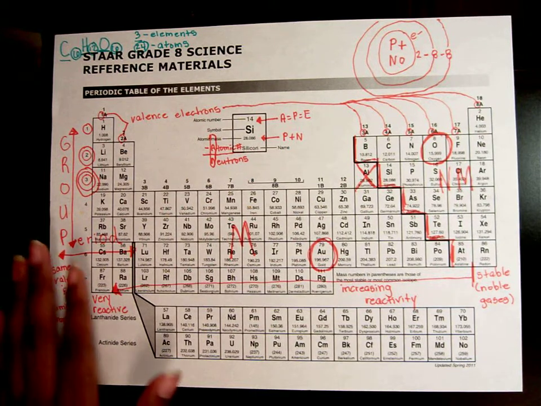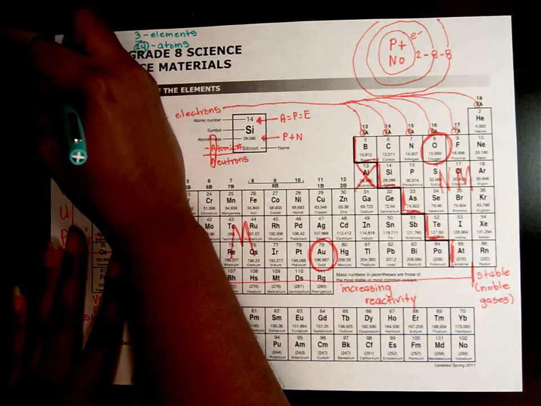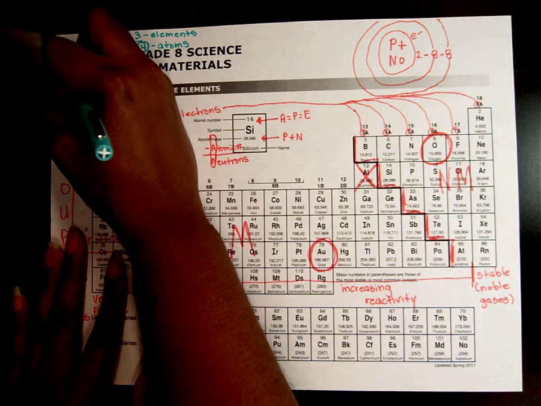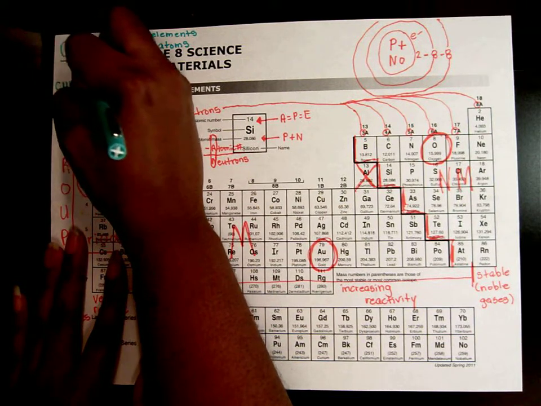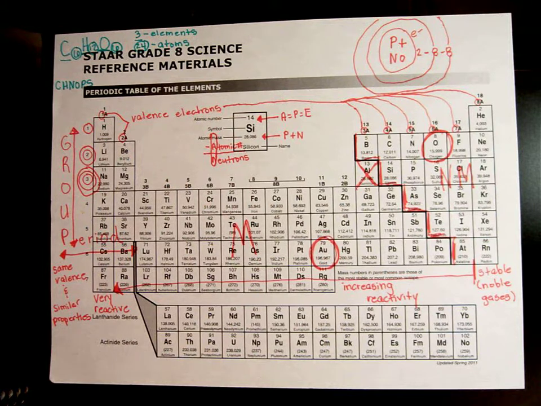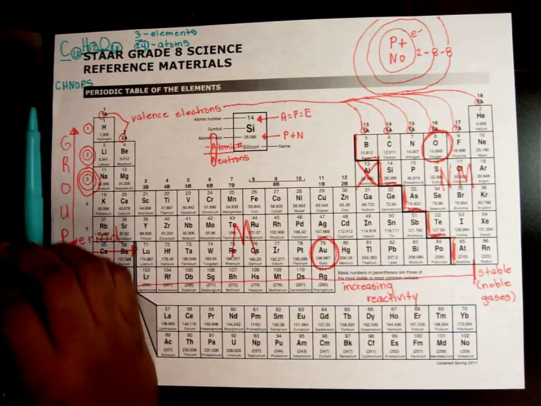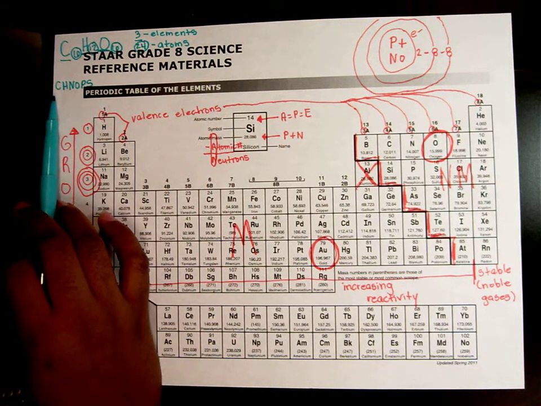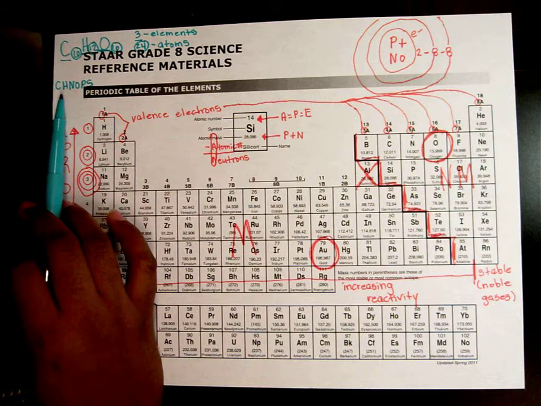The next thing that we're going to write is CHNOPS. So remember, this is our way of remembering an organic compound. In order for a compound to be organic, it must have carbon and at least 2 hydrogen.